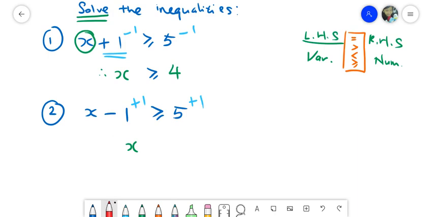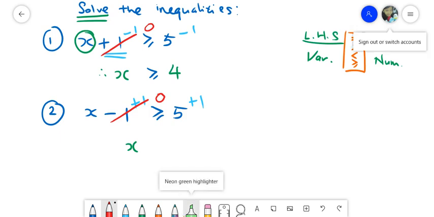What's your intention here? It is to make it 0. So negative 1 plus 1 is 0, because we can't have numbers on the left. Numbers should be on the right hand side. So 5 plus 1 is equal to 6. So that's the answer.